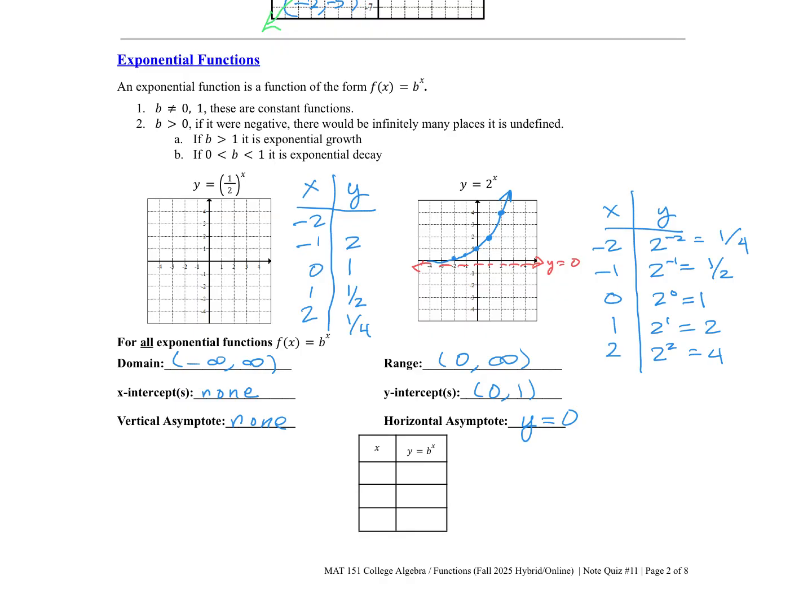And if you take a 1/2 and do a -2 power, that's a reciprocal and a squaring, that gives you a 4. You notice it's the same y values as the other table, they're just in reverse roles. So again, we've got (0, 1), we've got (1, 1/2) and (2, 1/4), and then going backwards, we've got (-1, 2) and (-2, 4).